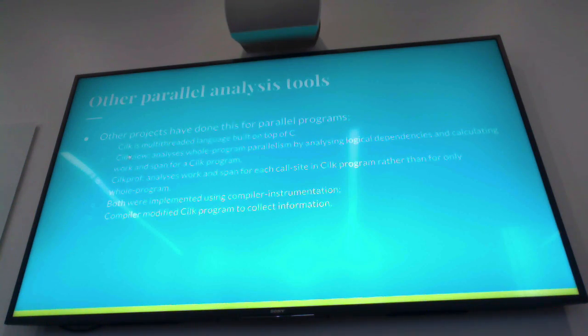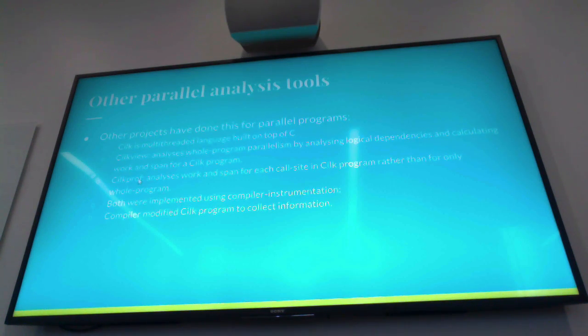The first was Cilkview, which analyzed whole-program parallelism by doing the work-span analysis that I just described. So they analyzed the logical dependencies in your Cilk program, and then they calculated work and span for the program.